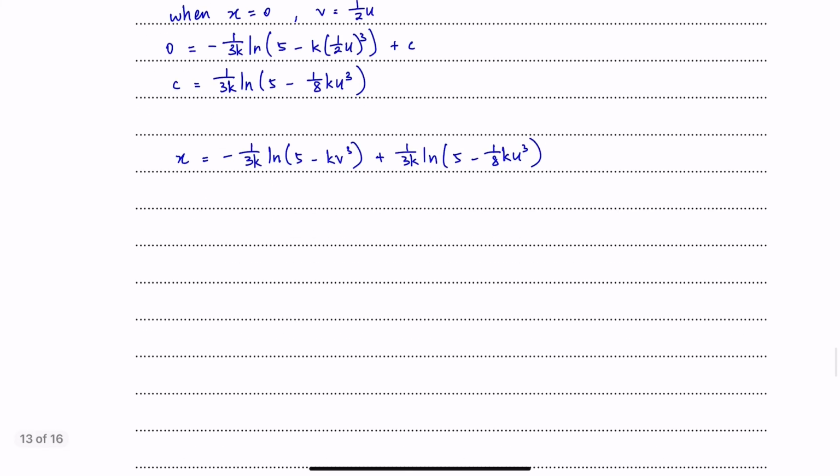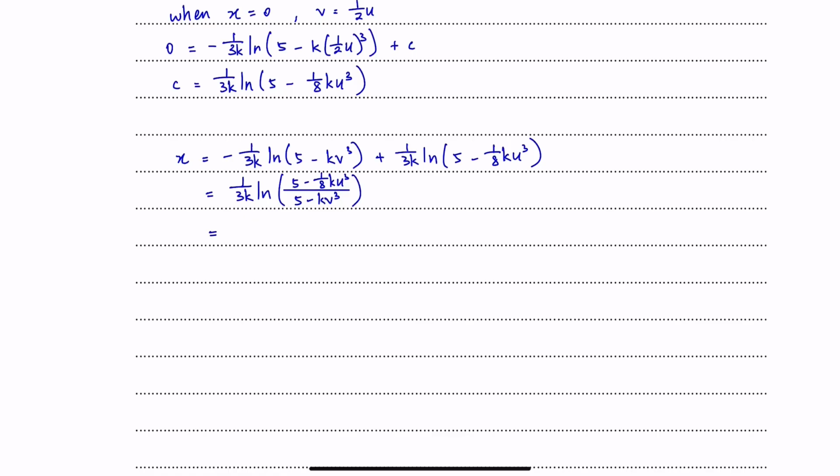And we can simplify this. So we have 1 over 3k times ln of 5 minus 1 over 8 ku cubed over 5 minus kv cubed.